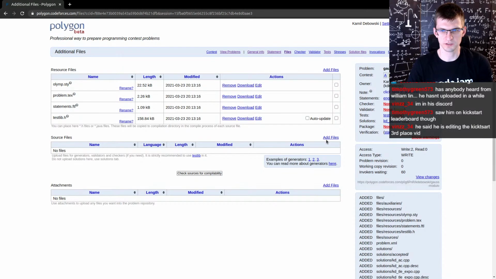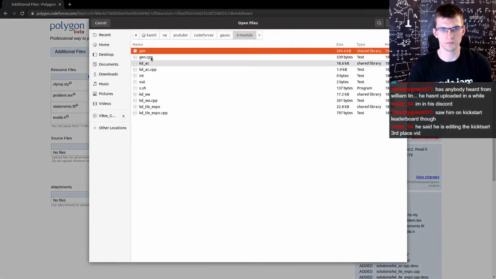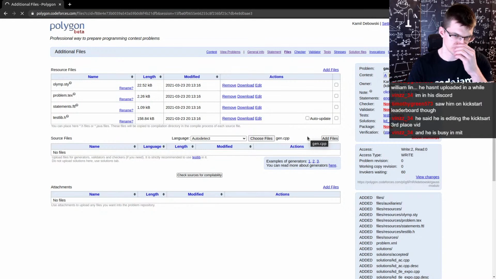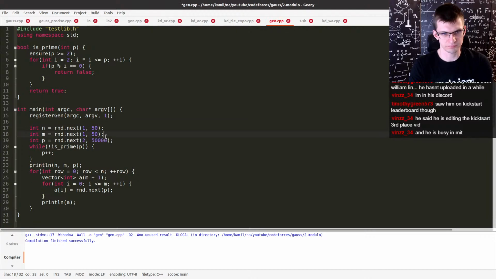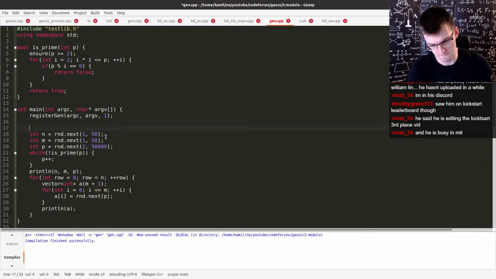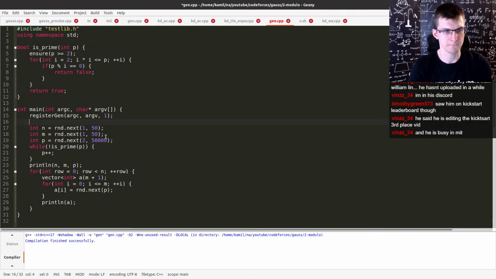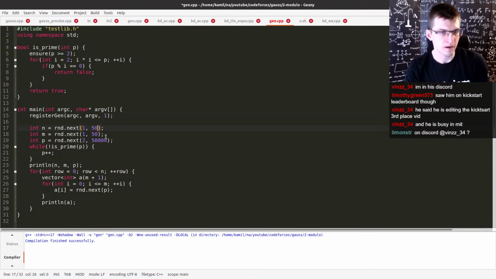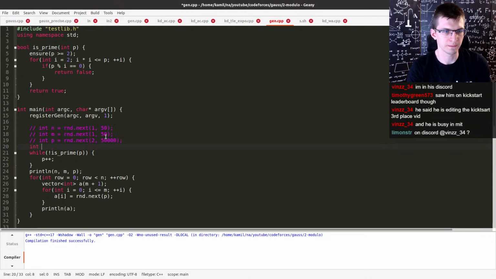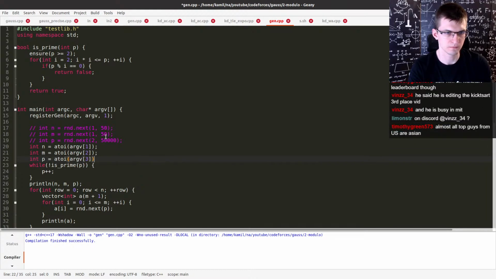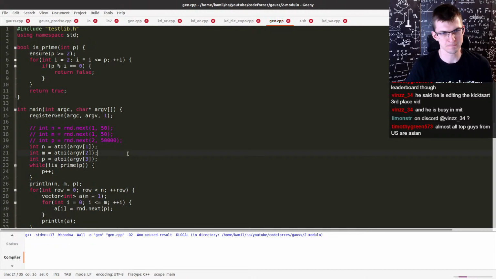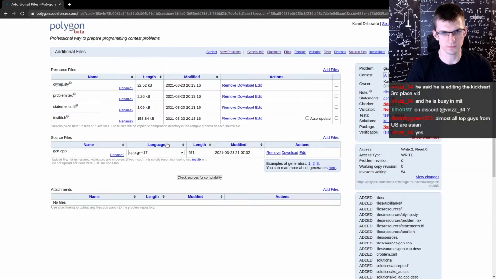We have solutions, tests. Before now, let's just put a generator here. Right now, this generator is messed up. What should I do here? Let's do that.